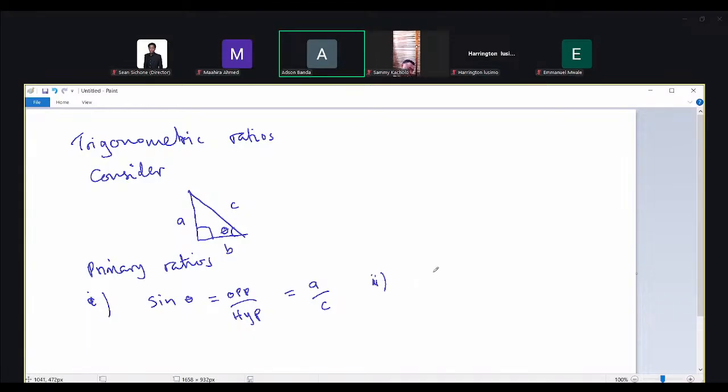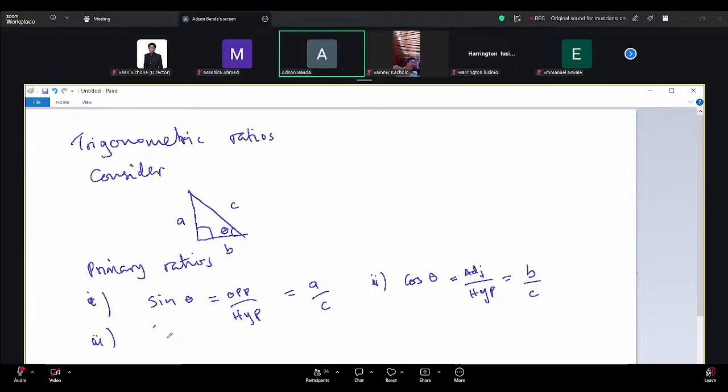The second, of course, is the cosine of theta, which is the adjacent divided by hypotenuse, and the adjacent in this case will be B divided by C. So that is the second primary ratio. And the third primary ratio is just the tangent of theta.